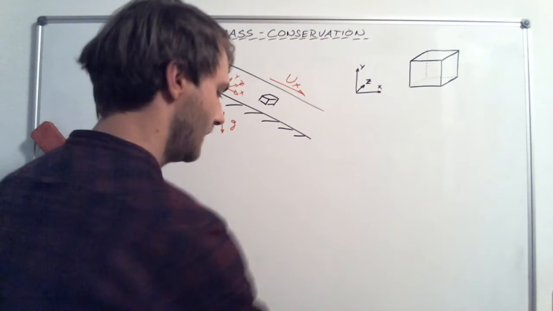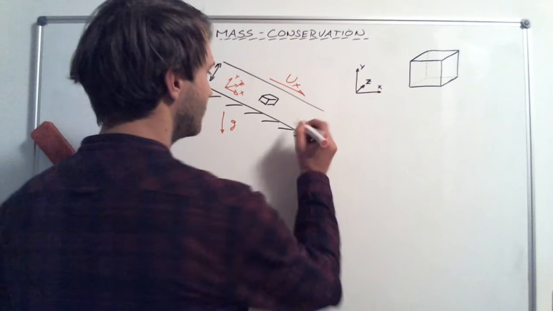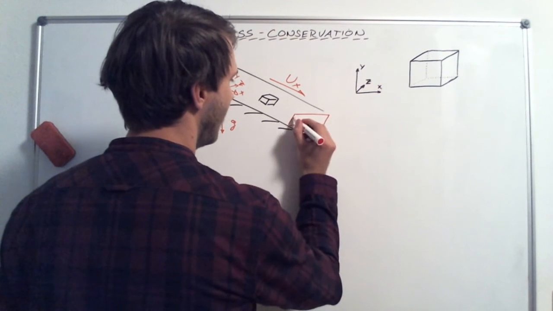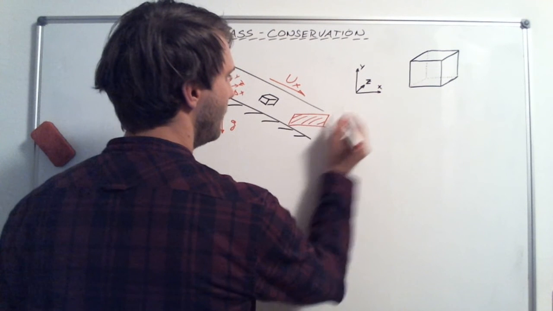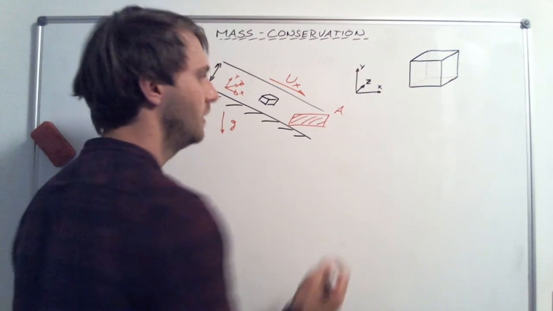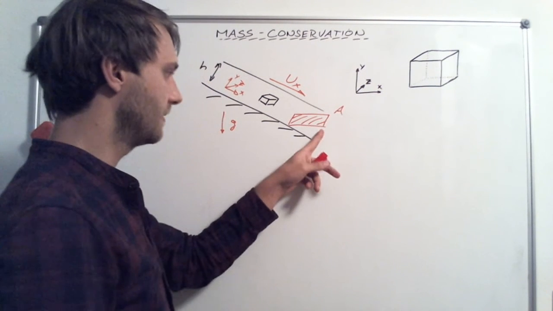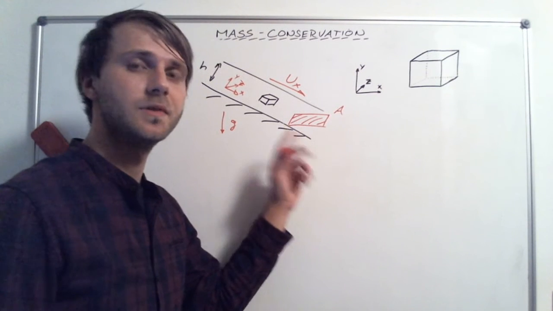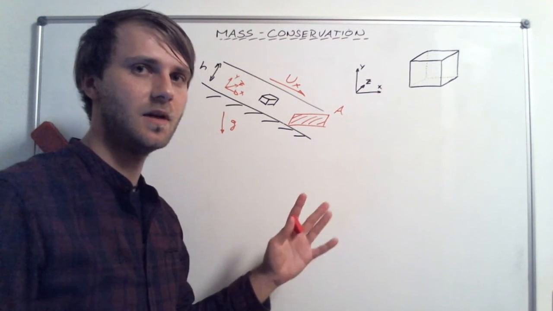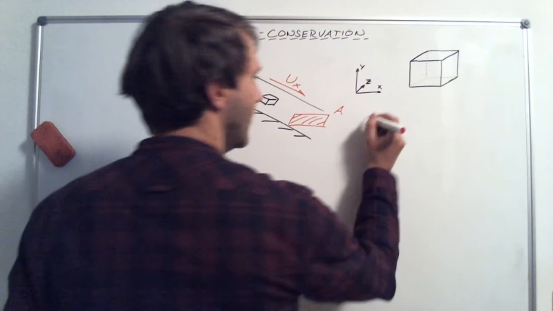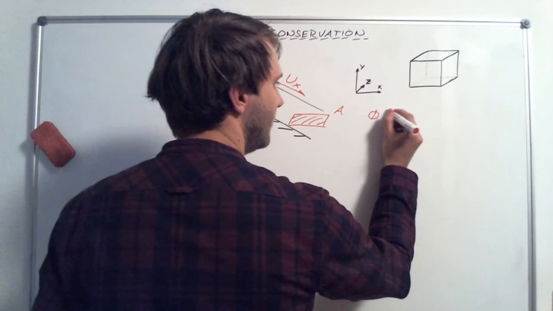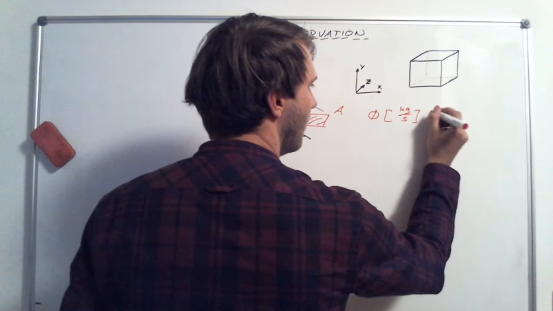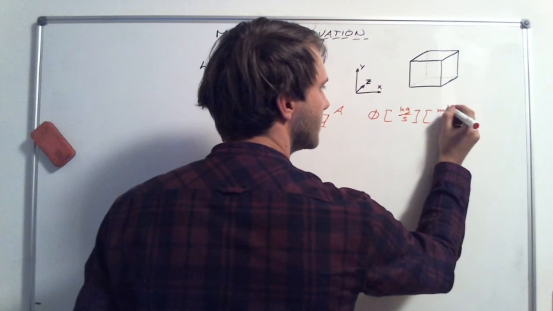To make things clearer, from the mathematical point of view, we have here a control volume plane, some area, and we want to know how much water is going through. So finally it's the mass flux or volumetric flux, and we will denote it by phi, and it has the units kilogram per second or cubic meter per second.